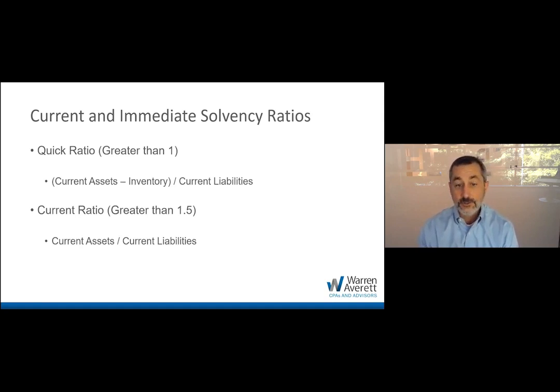The next ratio is the current ratio. It's simply current assets divided by current liabilities. I tend to look at this a little more than I look at the quick ratio because here you're including inventory that you certainly expect and hope to sell. Many of the current liabilities that you might have within a company are also related to that inventory. So hopefully the two go hand in hand. Here, you're looking for a ratio that's higher than 1.5 to 1 to indicate health within a company.